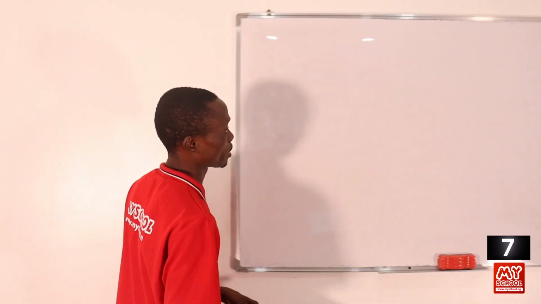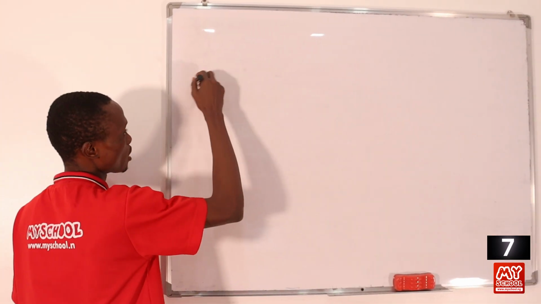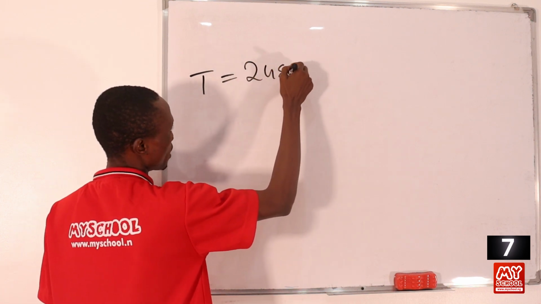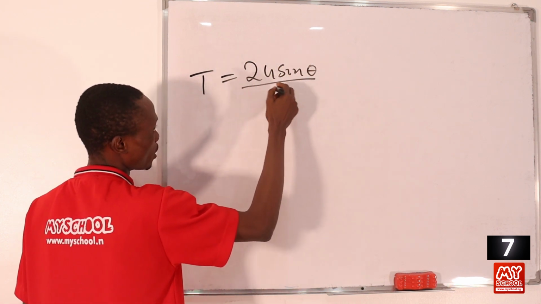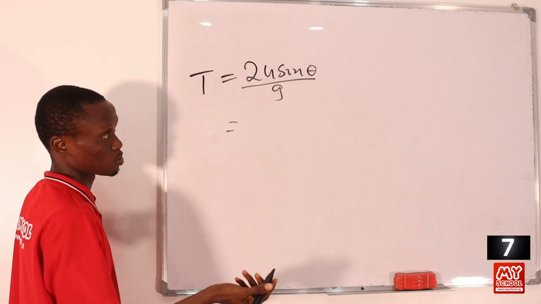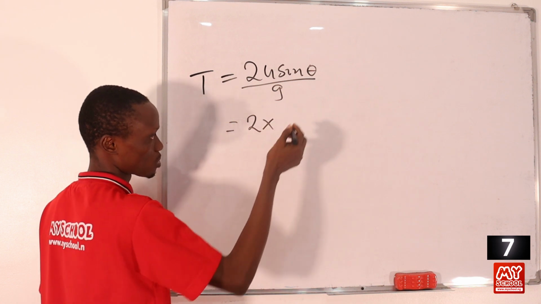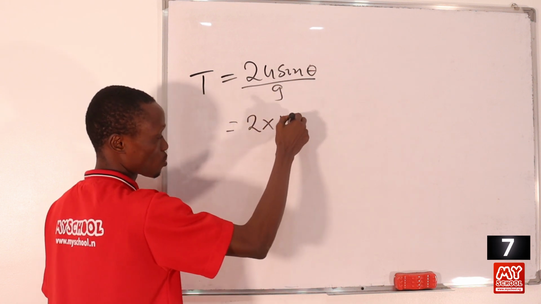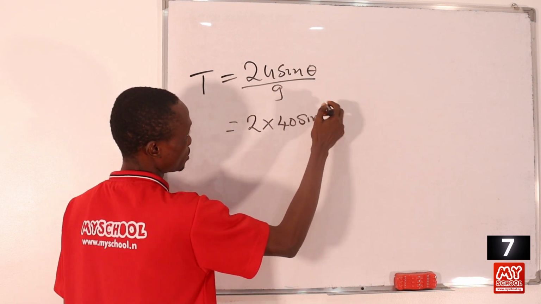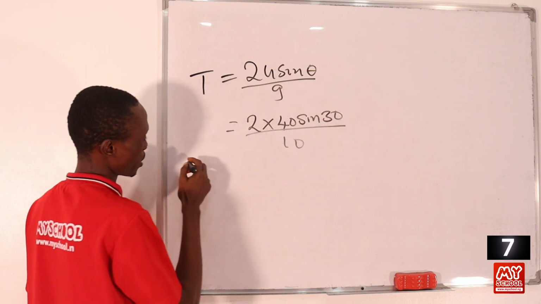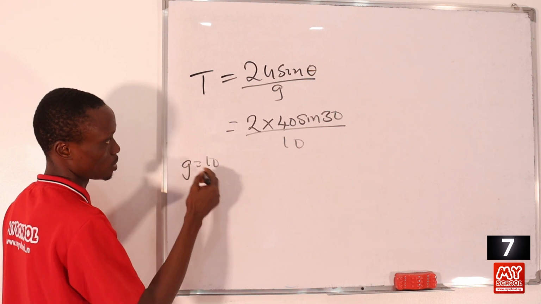So basically, for calculating the time of flight, we are to use t, which stands for time of flight, is 2u sine theta all over g. Okay, so here we just substitute the values that are given to us. So that we'll be having 2 times our initial velocity, which is 40, then sine 30, then divided by 10 because we are asked to take g to be equal to 10.